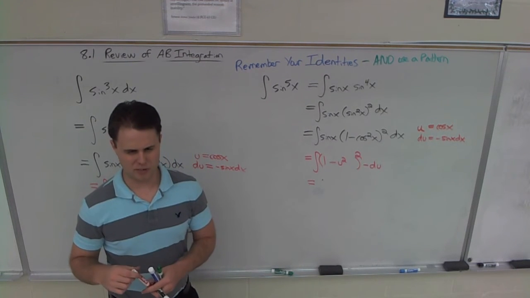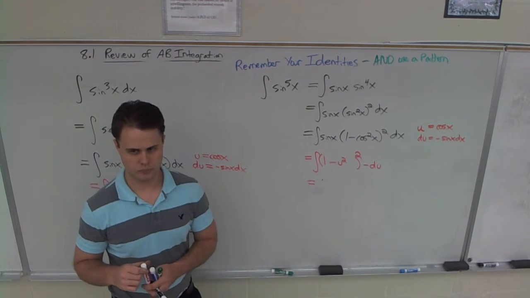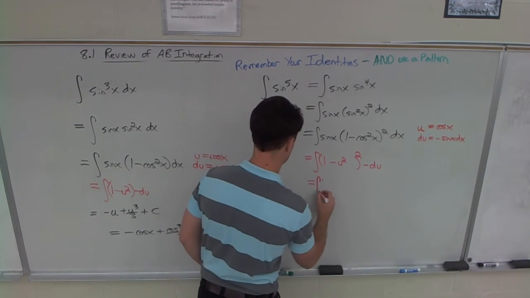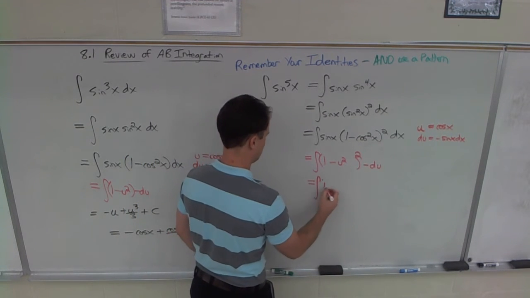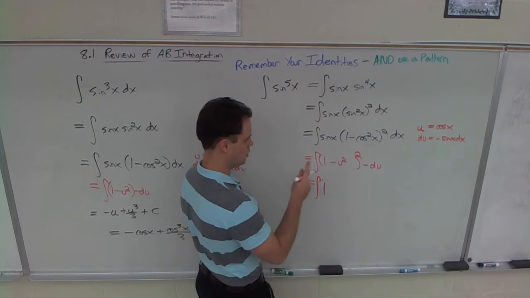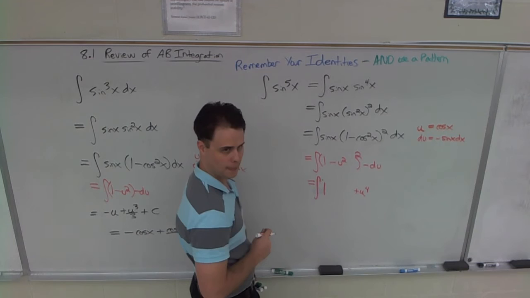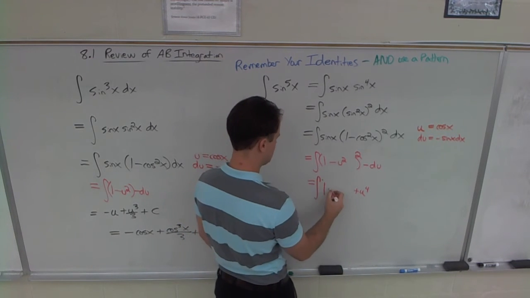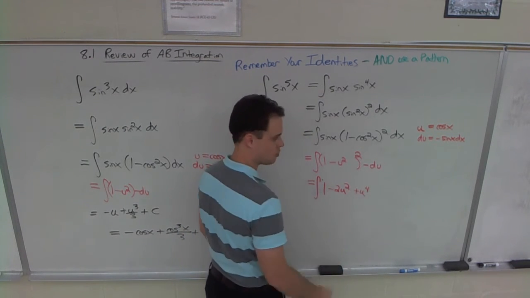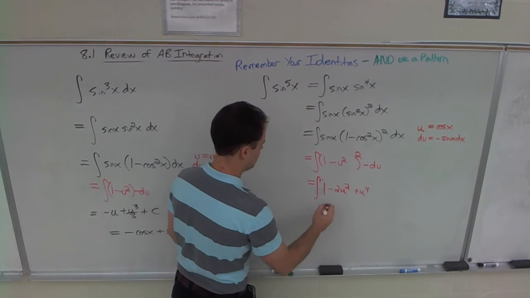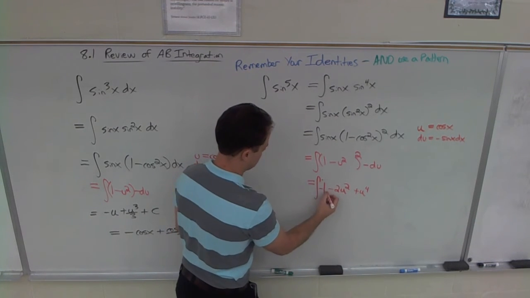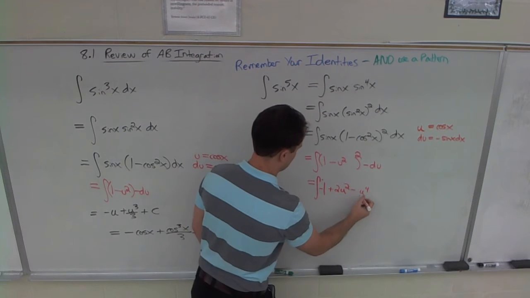Which to integrate, what do we have to do? Expand. First thing squared. Last thing squared. 2 of that times that. Yes. Put a du out, minus du, so minus plus minus du.